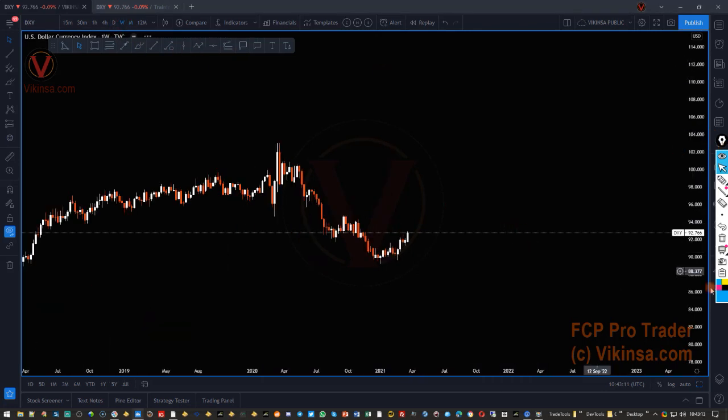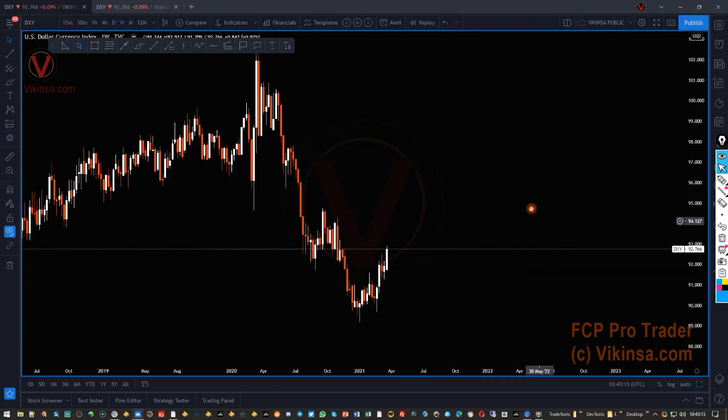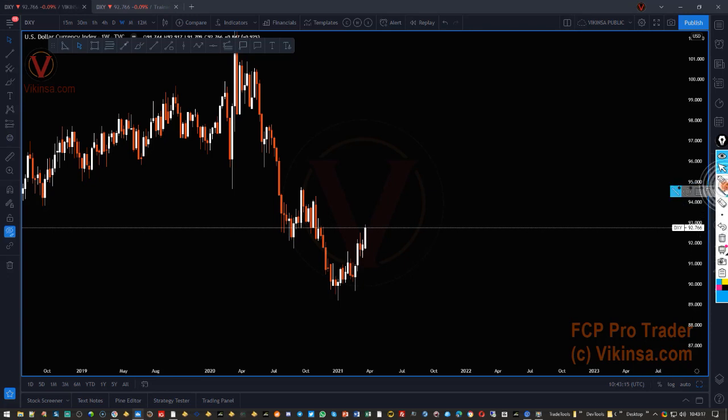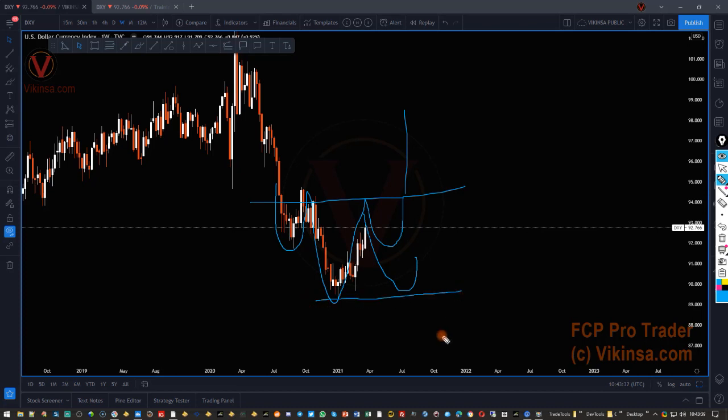Let's see the weekly time frame. The market is probably going to, because so far it hasn't created any proper downward corrective structure, do something like this, and if that is broken, you see what is coming. Now for this to happen, this right shoulder on the inverse head and shoulders can go all the way down to this previous head as well, because that will still be valid.